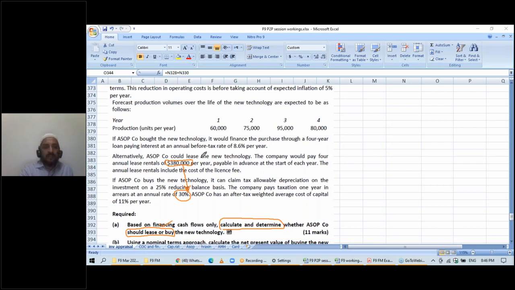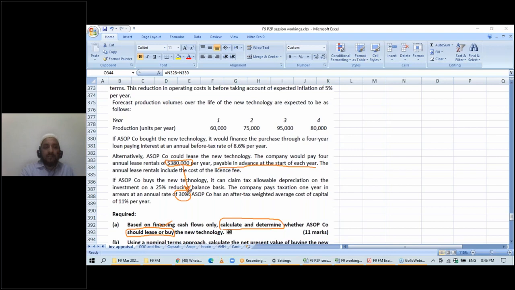What they say is that due to leasing they will be paying 380,000 per annum, and the payment begins immediately at the start of each year. They have to make the payment immediately, right? And the licensing requirement to use this asset is included in this 380,000. So they don't have to pay the license fee separately in case of lease, but in case of ownership, they have to pay it separately.